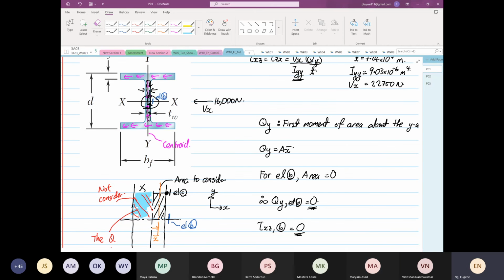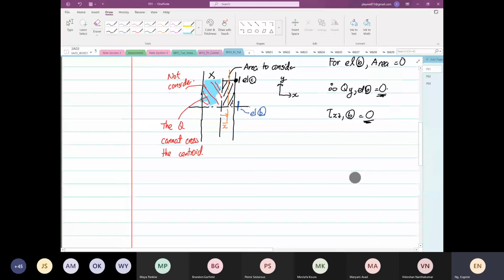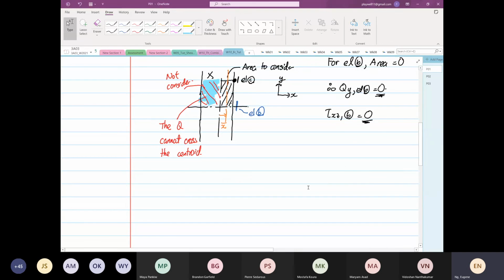Yes. As long as the section you consider, either above or below the centroid, cannot have a reverse flow. Oh, okay. I know you are clarifying because sometimes it can be, sometimes it cannot, right? Yeah. Okay.